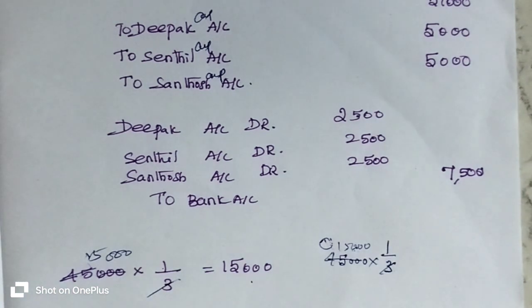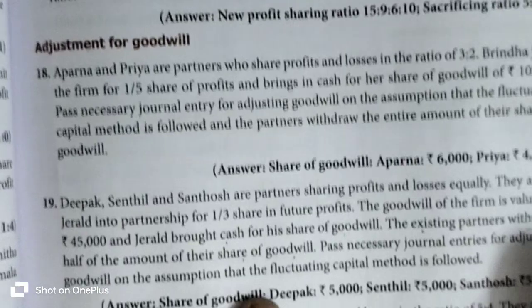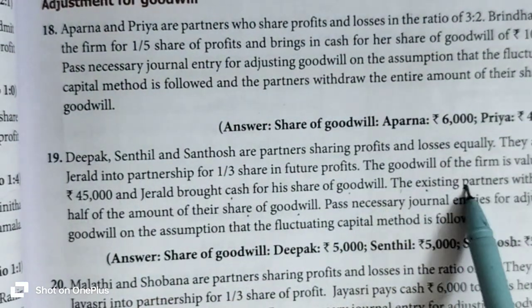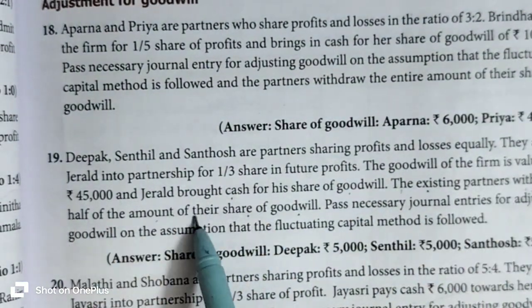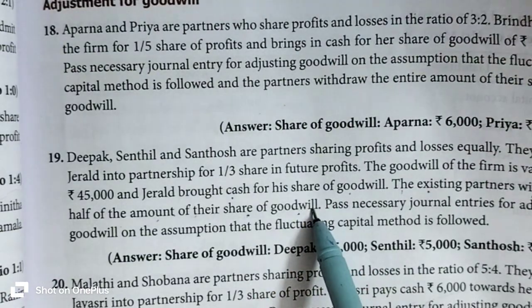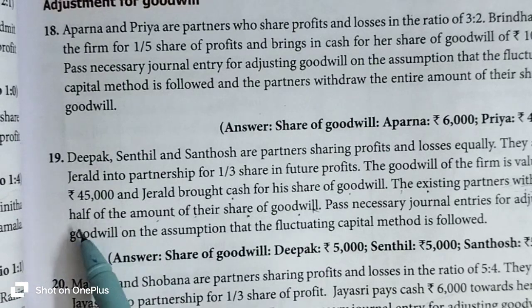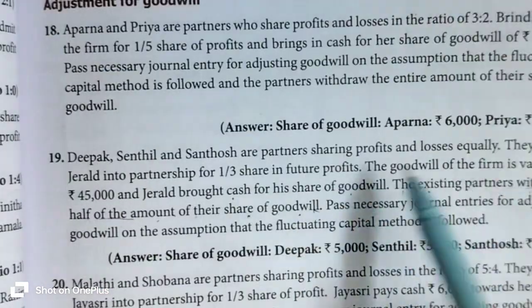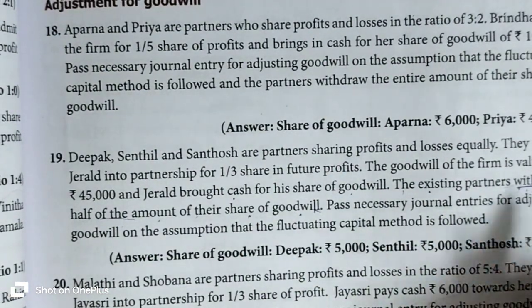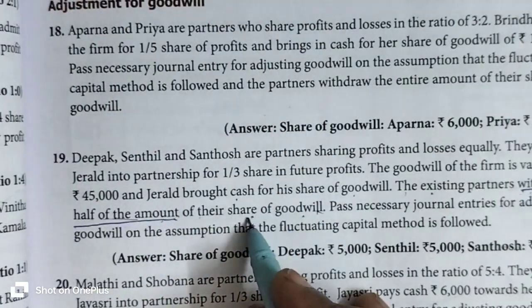So what is the next journal entry? How to pass the next journal entry? Listen to the question here. The existing partners withdraw half of the amount of their share of goodwill. Underline that. What is their share of goodwill?